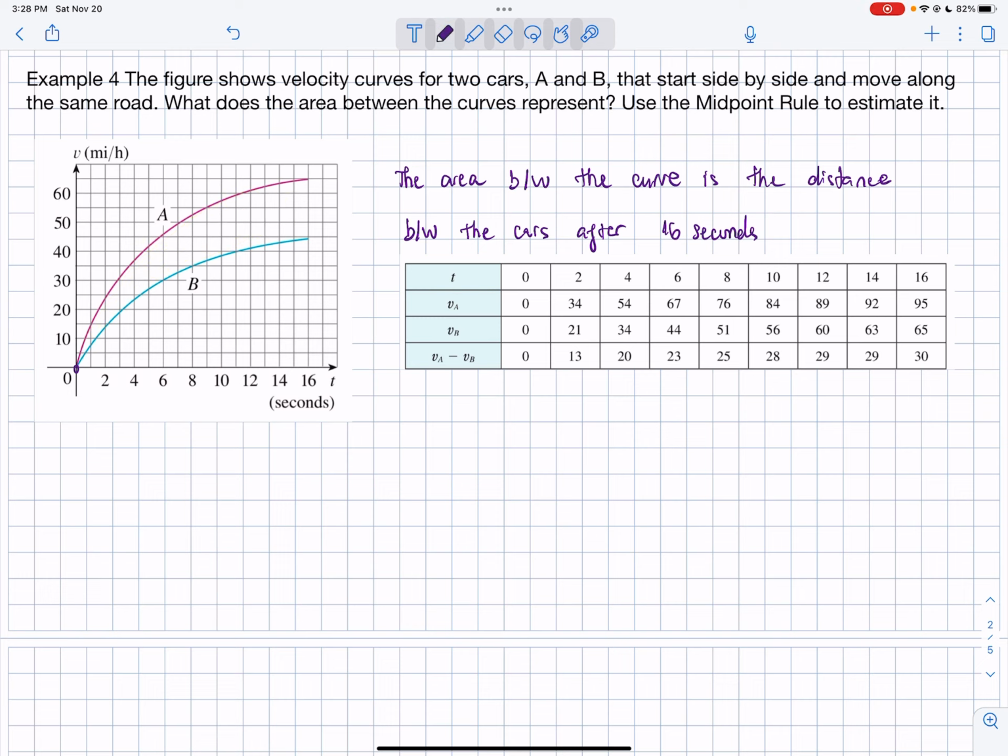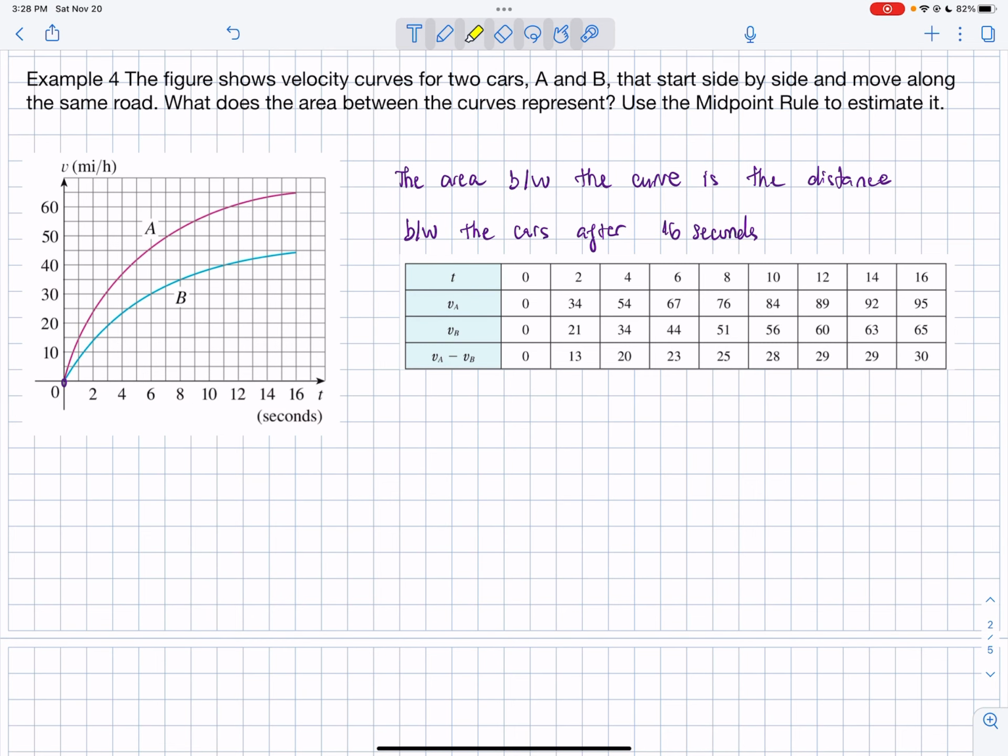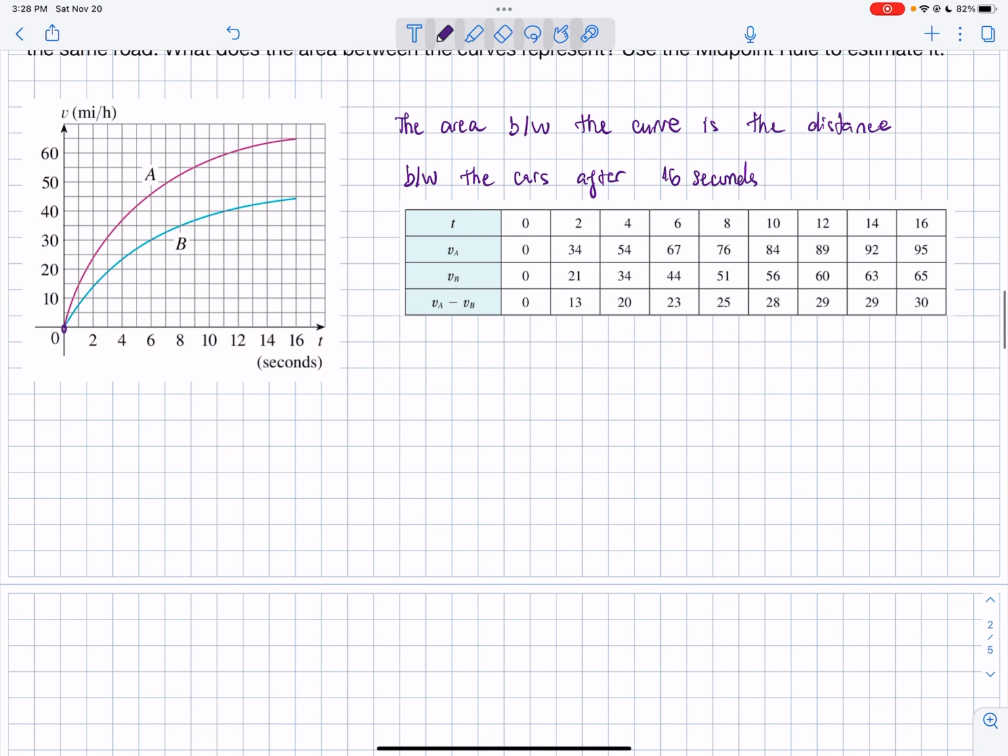We have the graph and we pay attention to the units. The velocity is in miles per hour and the time is in seconds, so we need to convert the velocity to feet per second. We know that 1 mile per hour is equal to 5,280 divided by 3,600 feet per second.